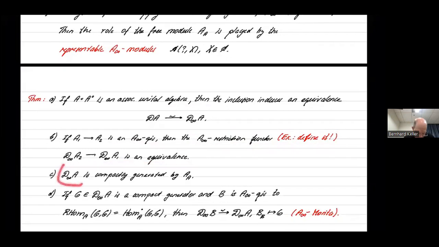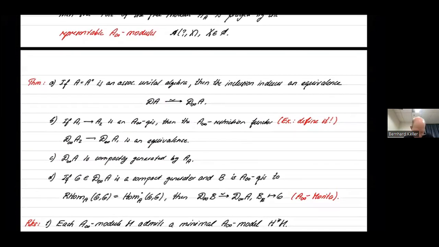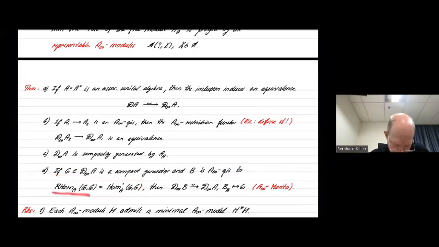You can show that this category is compactly generated by the free module of rank 1, as in the case of an ordinary algebra. And we have a Morita theorem if we have an arbitrary compact generator and an A infinity quasi-isomorphic algebra to the DG endomorphism algebra of this generator.